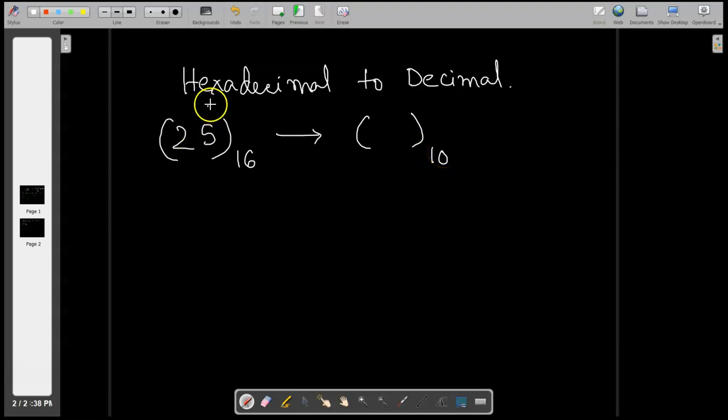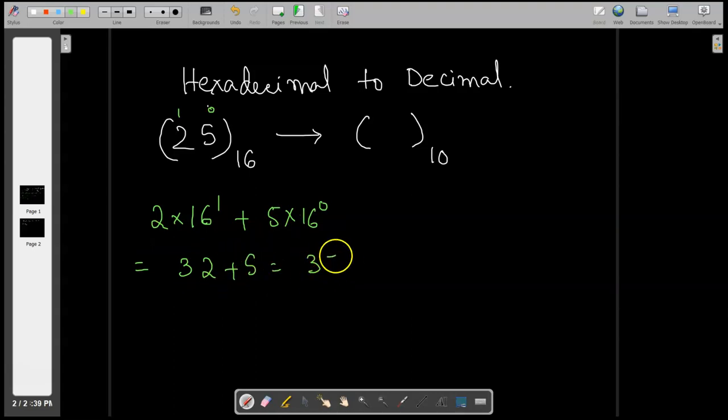By now, I hope you are very clear with what you have to do. So 2 into 16 to the power of 1 plus 5 into 16 to the power of 0. This is going to give us 16 twos are 32 plus 5, so this will give us 37. This is the decimal equivalent of a hexadecimal number with a base 16.